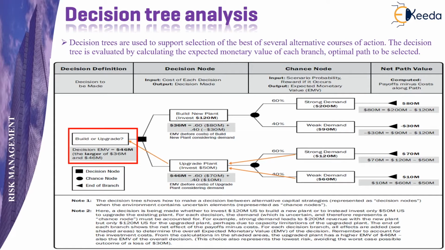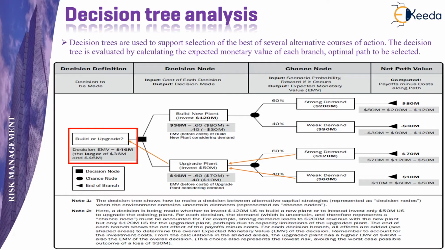Decision trees play an important role in selecting the best alternative course of action whenever in doubt. This decision is taken by calculating the EMV of each of these options, that is the expected monetary value. Then the most optimum path is selected.